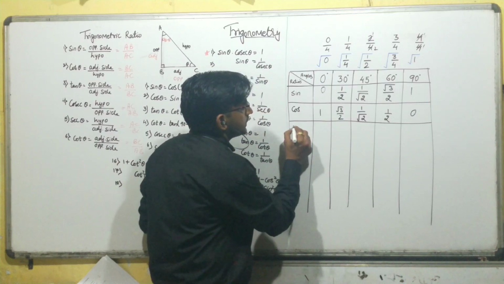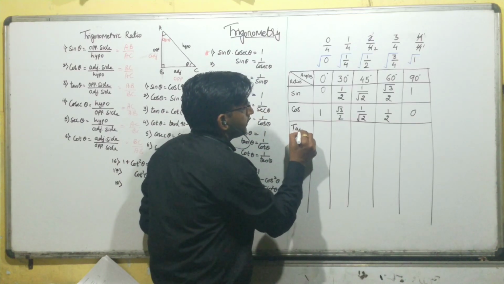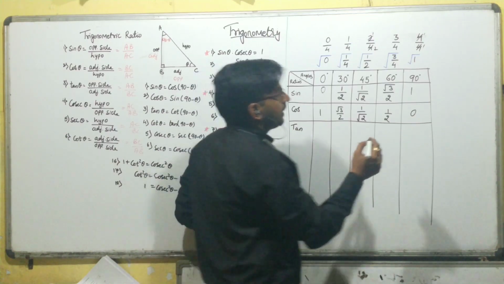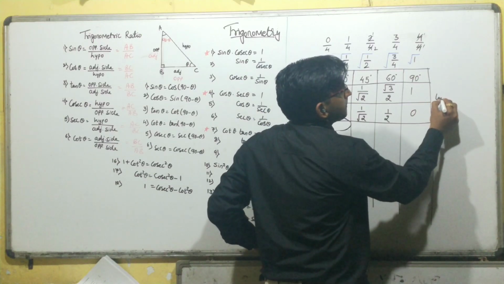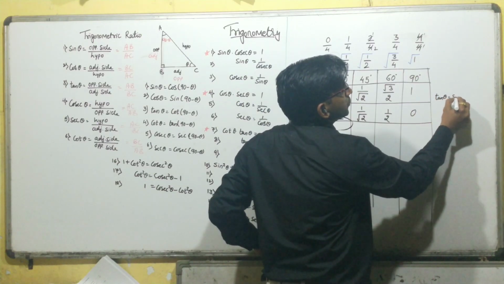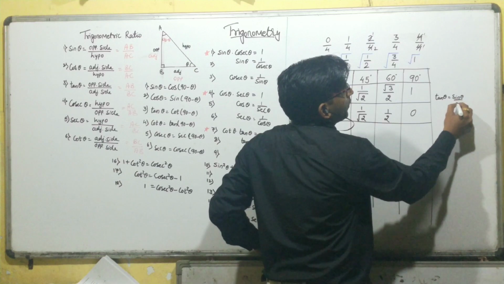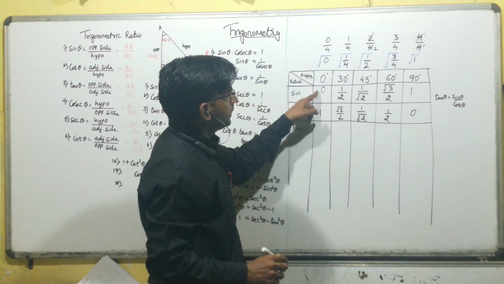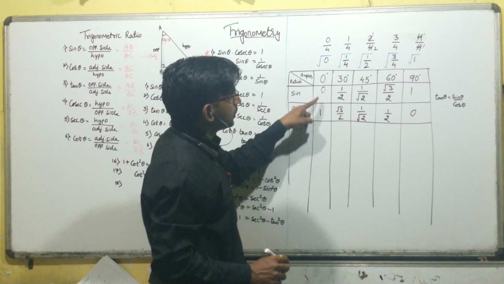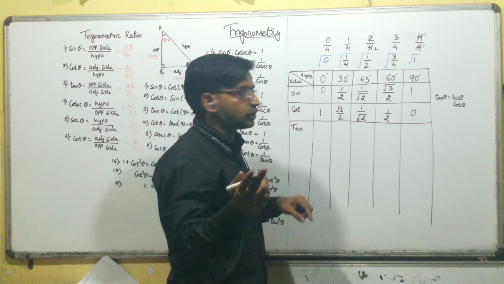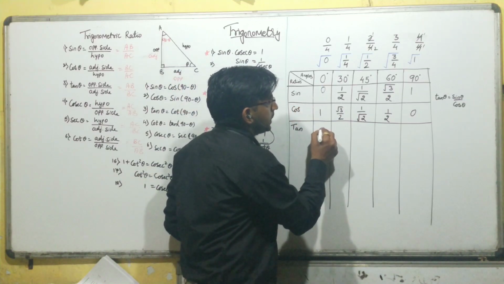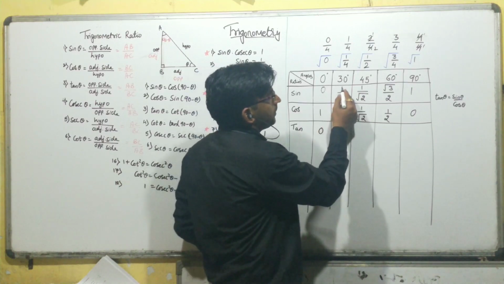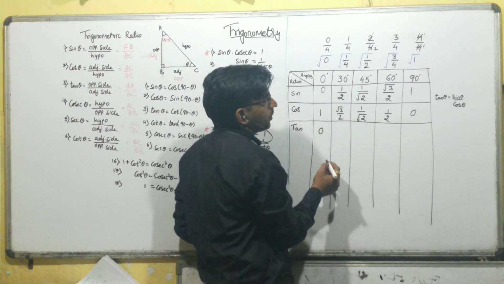Now the next one is tan theta. As we know that tan theta is equal to sin theta upon cos theta. So that means we need to divide this upon this. So 0 upon 1, as we know, 0 upon anything is 0. And this will be 1 upon 2 upon root 3 upon 2.